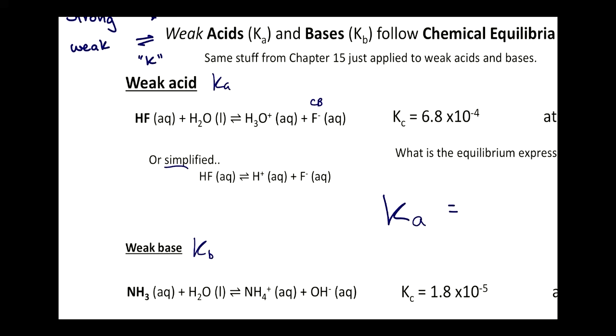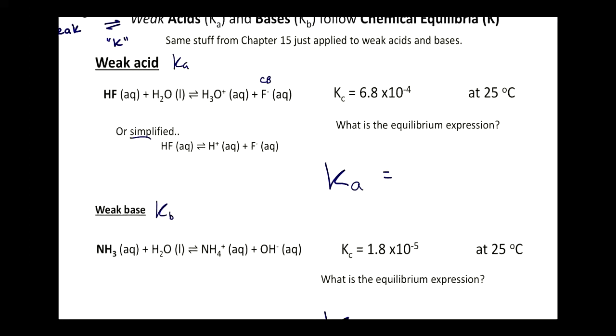So we can write the Ka expression for this just like for any K expression. Products over reactants. Only things that are aqueous go into that K expression. So let's go ahead and do that, where we do products over reactants, and you'll see it's quite nice for acid and base equilibria. Do you see how all the stoichiometry is just 1 to 1 to 1?